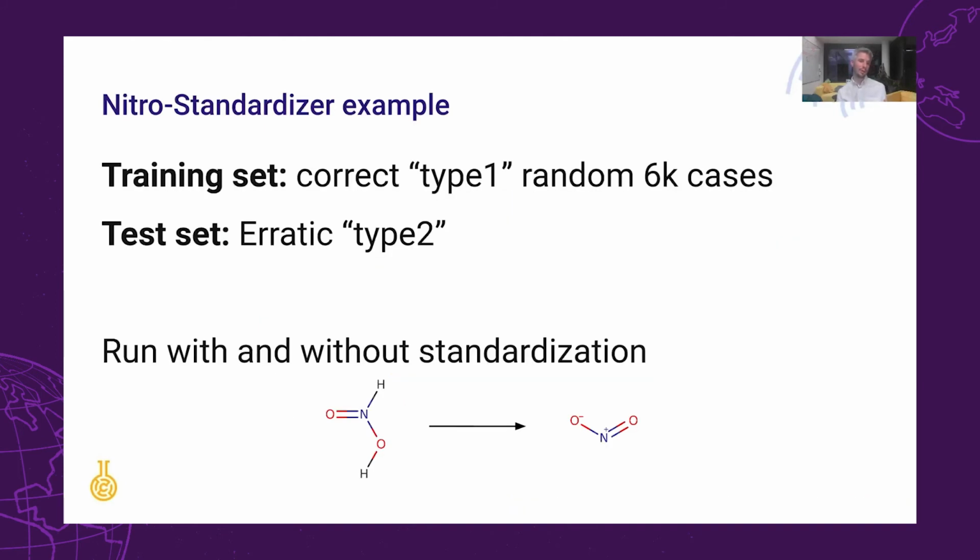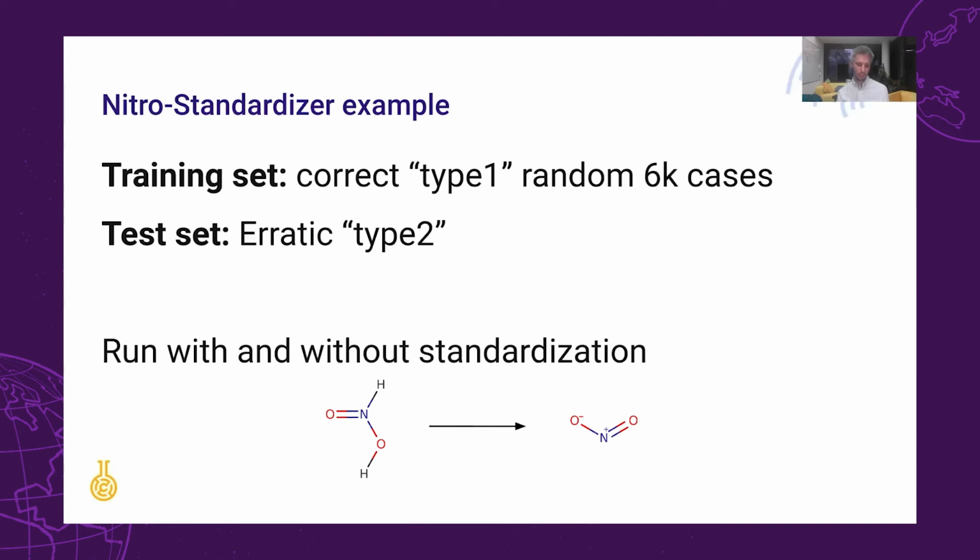So I decided to use this as an extreme example, training on correct type 1 molecules, a random 6,000 molecules, and using this erratic type 2 as a test set to be able to assess the effect of this drawing inconsistency in the two datasets.